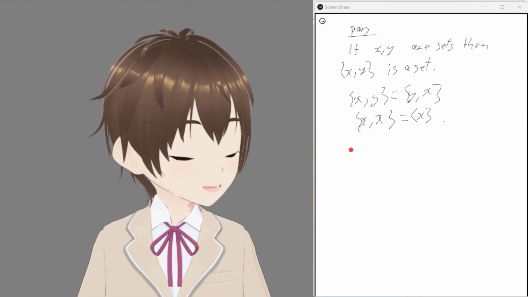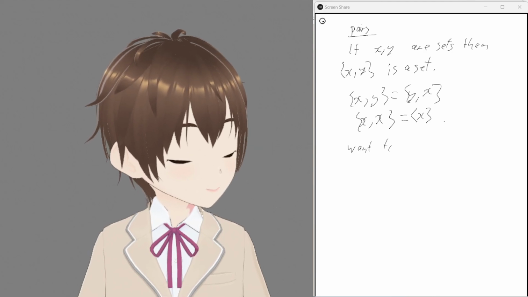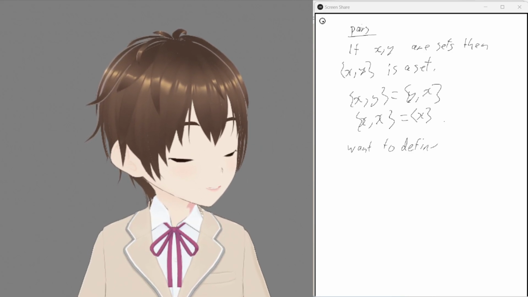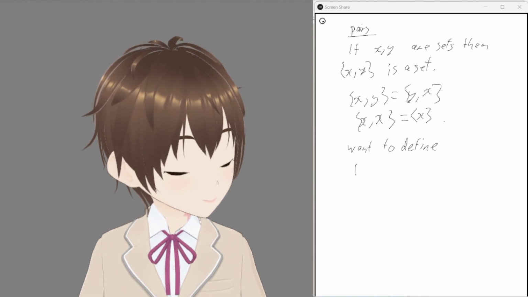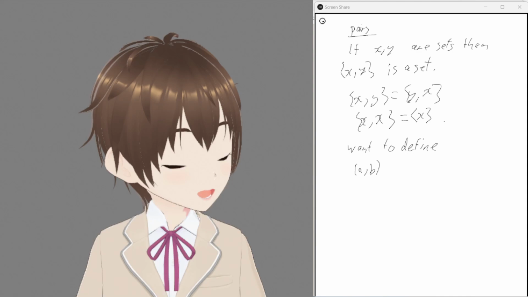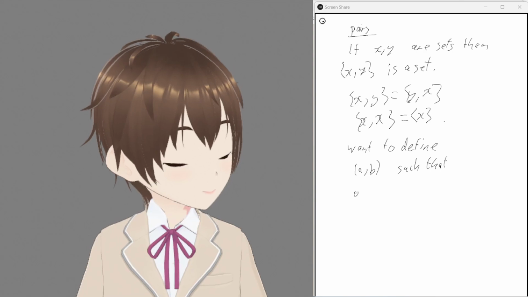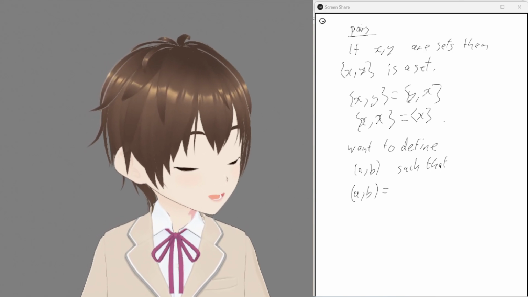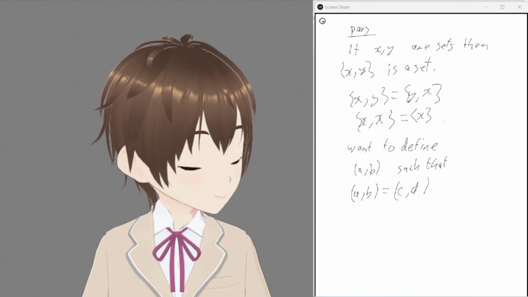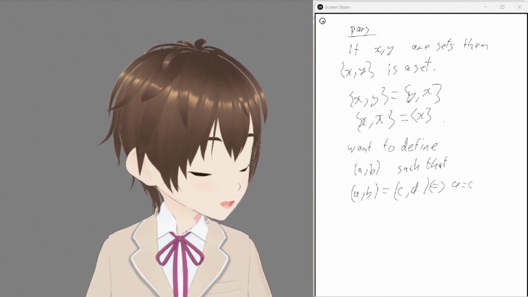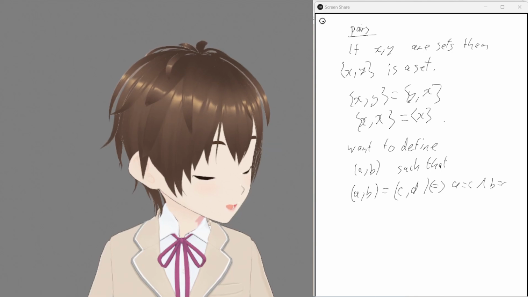I want to define this pair (A, B) such that (A, B) equals (C, D) if and only if A equals C and B equals D.